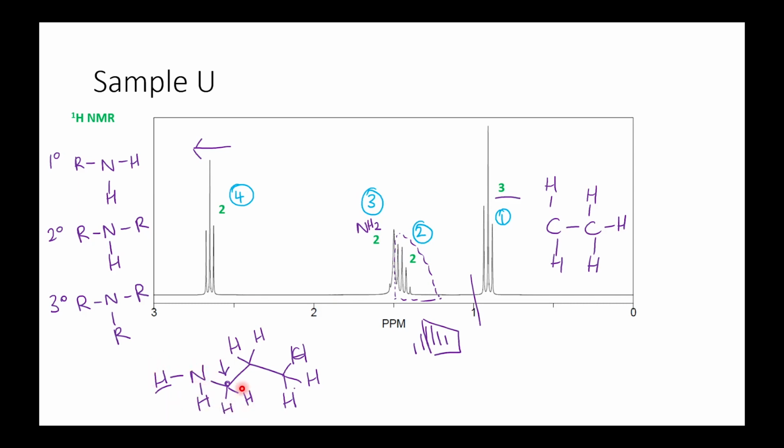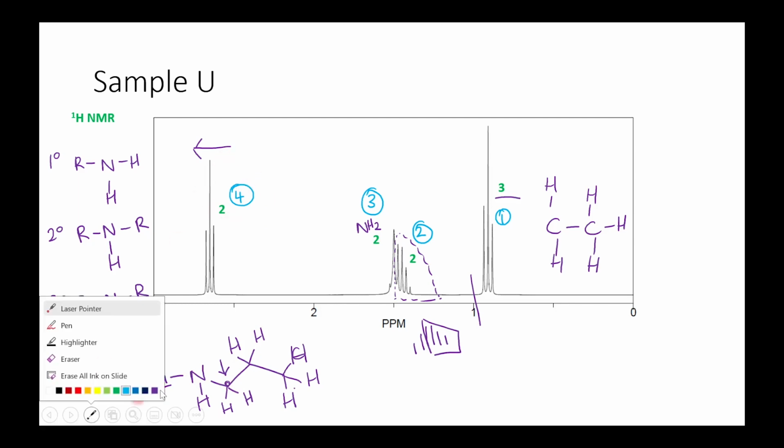And then our final CH2 signal isn't split by these 2 hydrogens on the nitrogen. It's only split by these 2 hydrogens, so we would expect it to integrate for 2 and to be a triplet, and to be slightly more downfield because it's next to this more electronegative nitrogen. And this is what we see in signal 4.